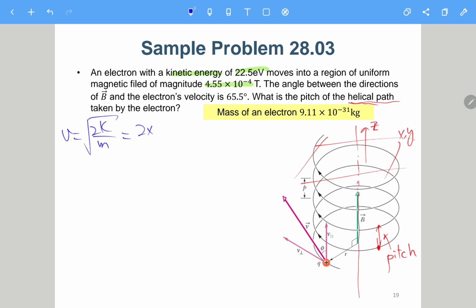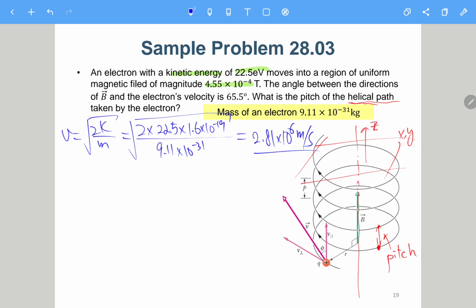So this is 2 times 22.5 eV, 22.5 times 1.6 times 10 to minus 19, all over the electron mass, 9.11 times 10 to minus 31, and then take the square root of the whole term. This value will be 2.81 times 10 to the 6th power meters per second. So this is the velocity.